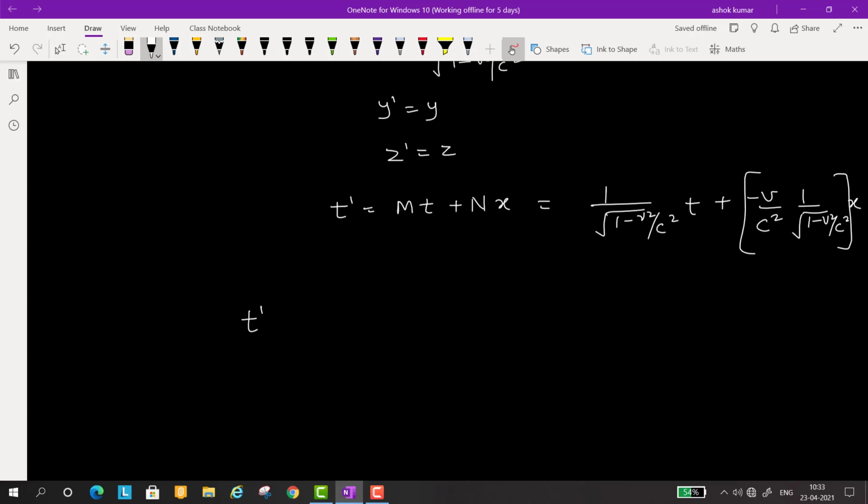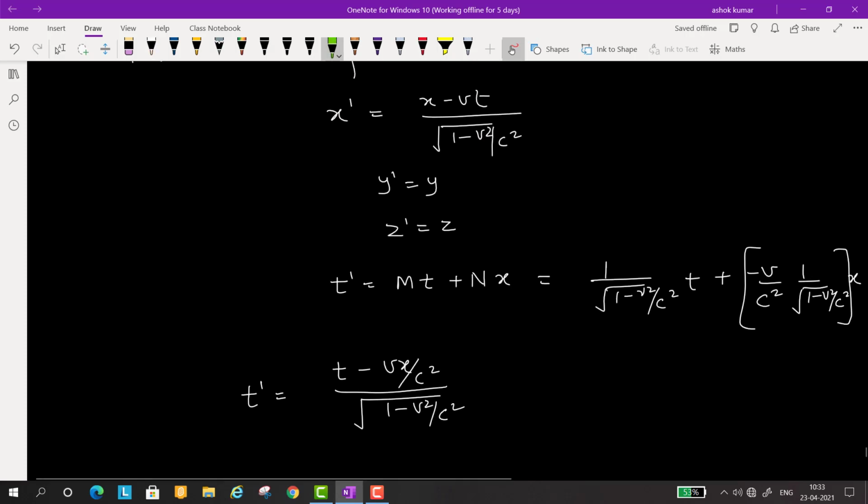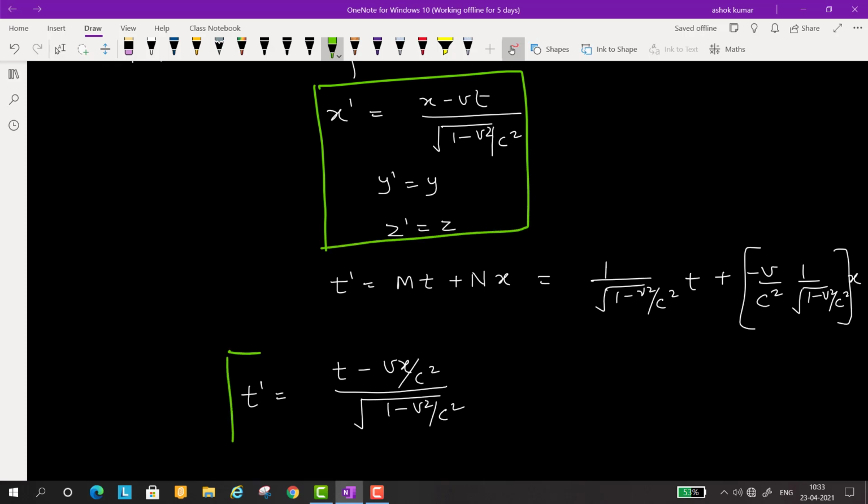So t dash is equal to t minus vx upon c square, divided by the square root of 1 minus v square upon c square. So these four equations are called the set of Lorentz transformation equations. These three, and this is the fourth one.